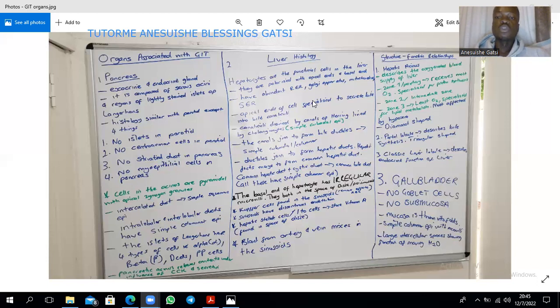Right. So structurally, like I said, there are 3 ways to describe the structure of the liver. There is the classic liver lobule, then there is the hepatic acinus, then there is the portal lobule. Right.